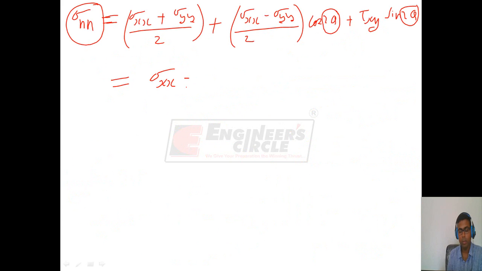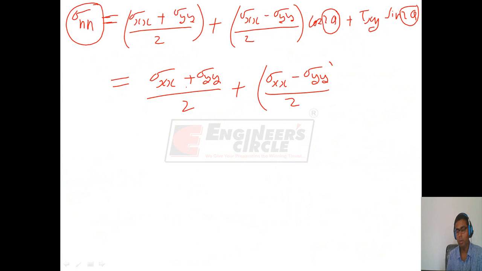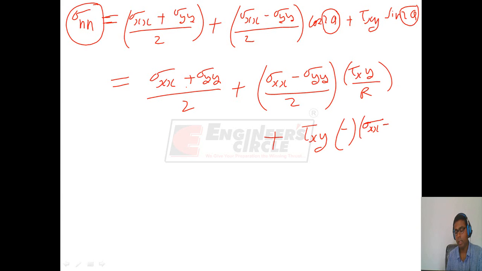sigma xx plus sigma yy by 2 plus sigma xx minus sigma yy by 2 into tau xy upon r plus tau xy into minus sigma xx minus sigma yy by 2. So we can see that these two terms by r, these two terms get cancelled out.